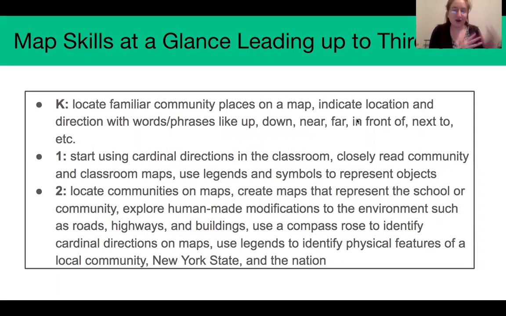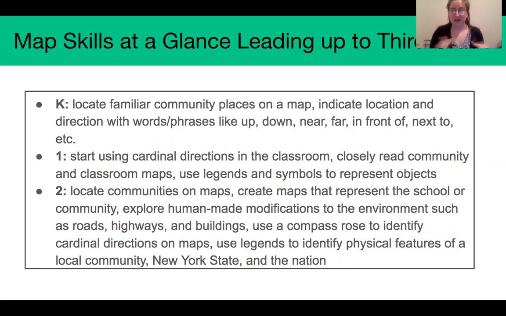Prior to third grade, students are building map skills each year. This is some of the skills that they'll gain from kindergarten up to second grade at a glance. They begin by identifying familiar community places on a map. They start using directional language like up and down. By first grade, students are beginning to use cardinal directions, north, south, east, and west. They're looking again at communities, but now they're looking at community maps.